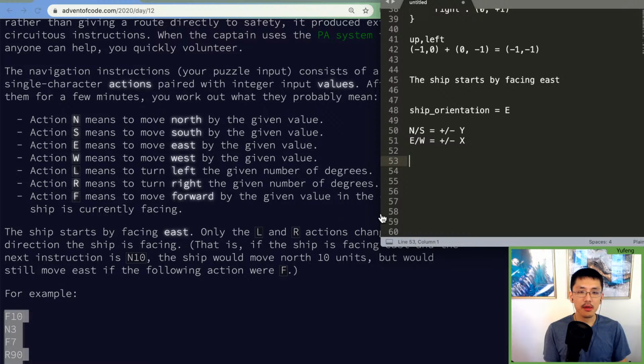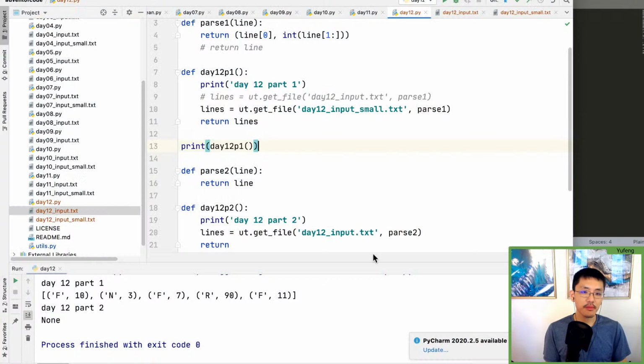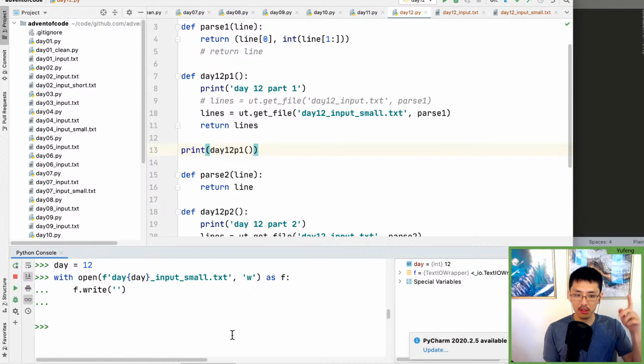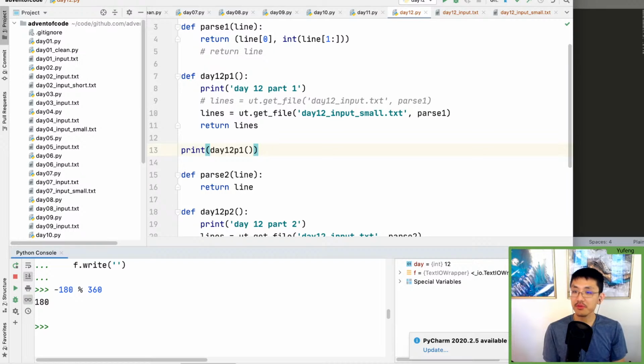The only thing I'm potentially concerned about is how does that work when you go negative. So like negative 180 modulo 360 is 180. Brilliant. And like negative 90 mod 360 is 270. Yeah, I can live with that.